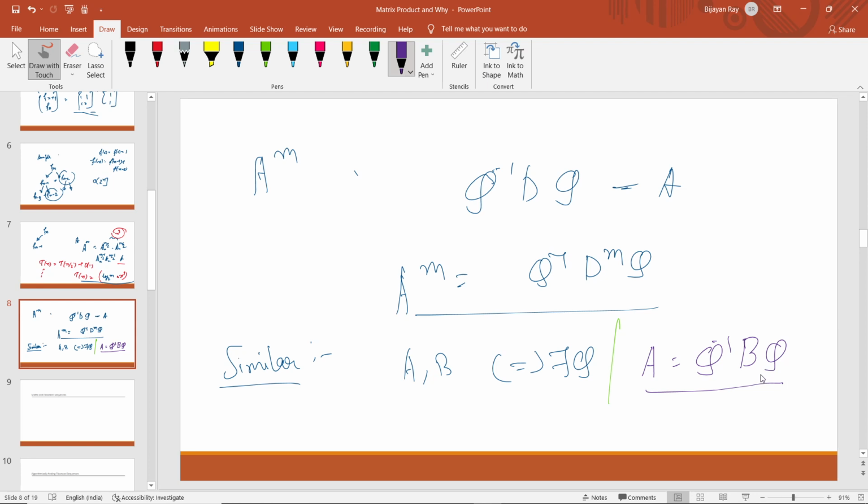I think it should also be of order n by n, right? If A is n by n, B should be n by n, and then Q is also n by n, right?